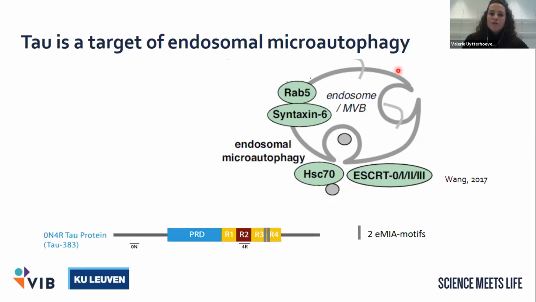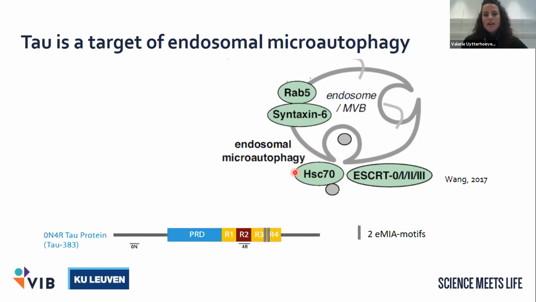And endosomal microautophagy is a process at the late endosomes, and the protein HSC70 plays a very important role in this process. So HSC70 recognizes cytosolic proteins with a KFERQ motif, an endosomal microautophagy motif, and Tau has two of these motifs.